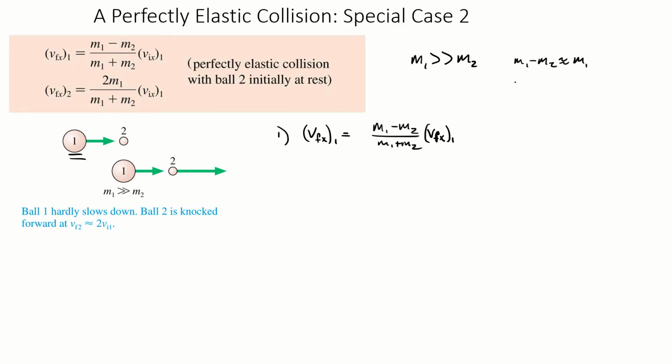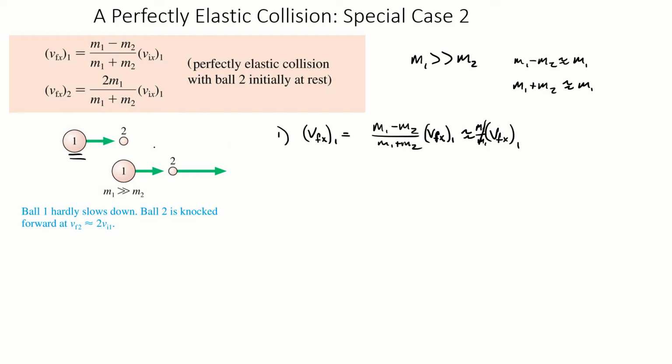Likewise, m1 plus m2 is essentially m1. So this is approximately equal to just v initial x1, because that's m1 over m1, which cancels.